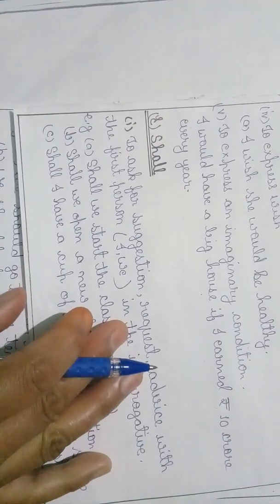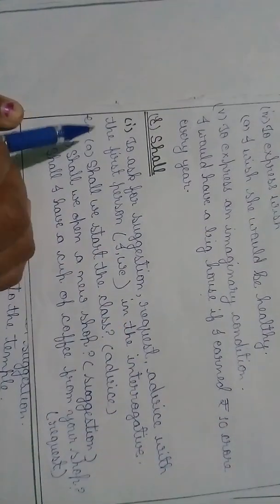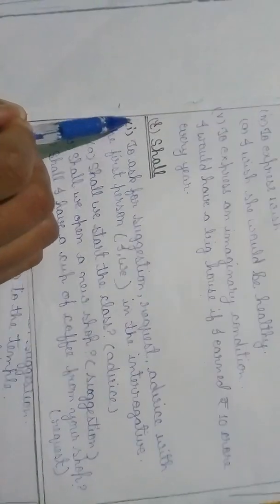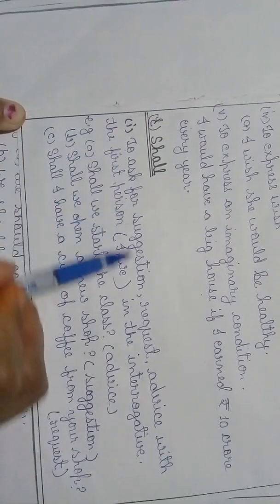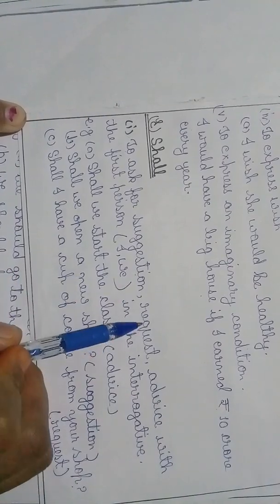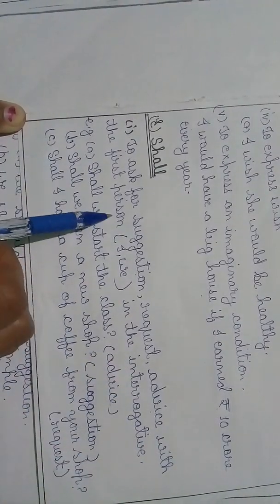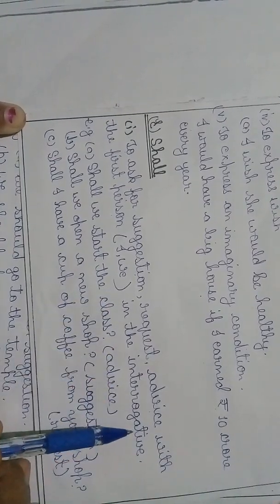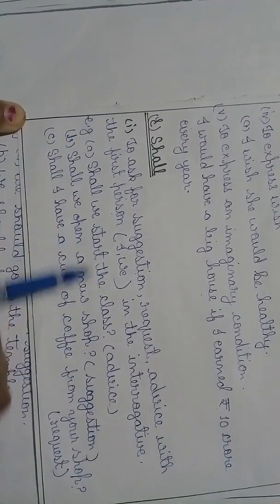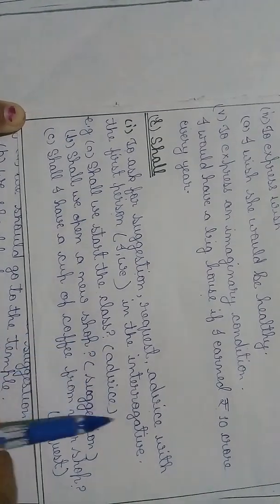Next model is shall. Let's see where we can use shall. First of all, to ask for suggestions, request, advice with the first person, in the interrogative. For example, shall we start the class? It shows advice.